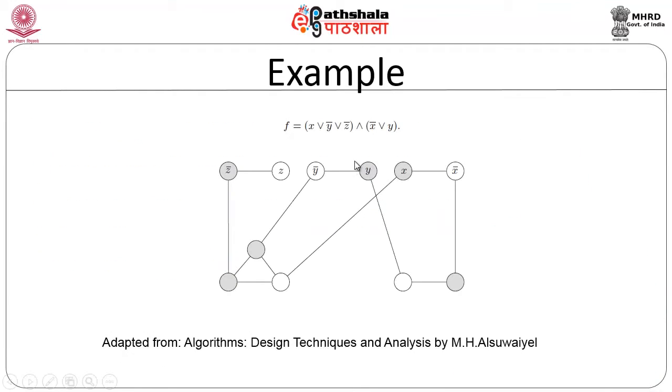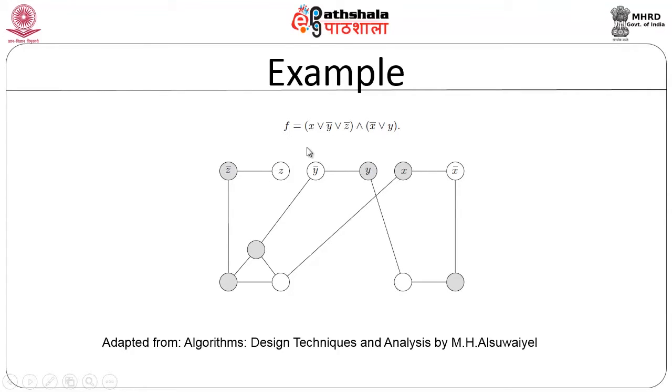You can take this particular example, where this is the formula. You can see that by rule 1 we are connecting the literal to its negation. You see x bar is connected to x, x is connected to x bar, z is connected to z bar.